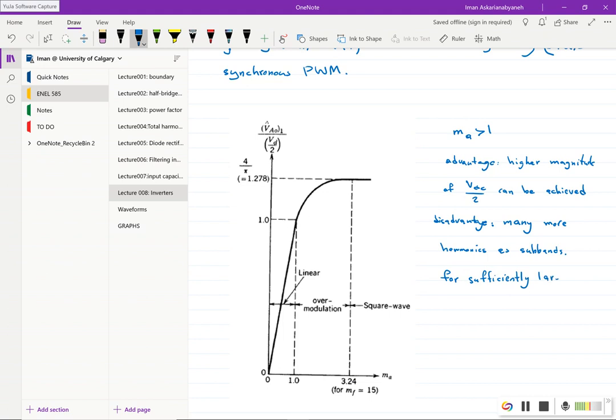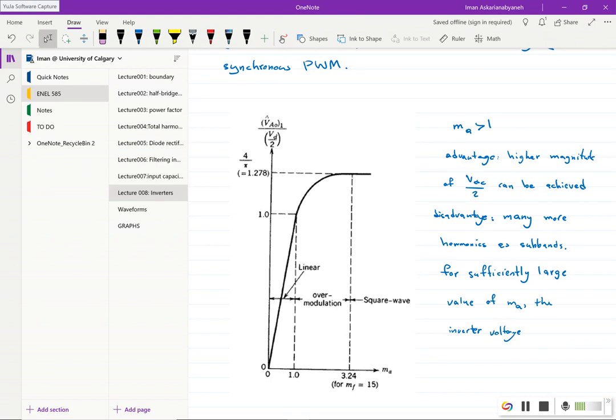For sufficiently large values of MA, the inverter voltage converges into a square wave.